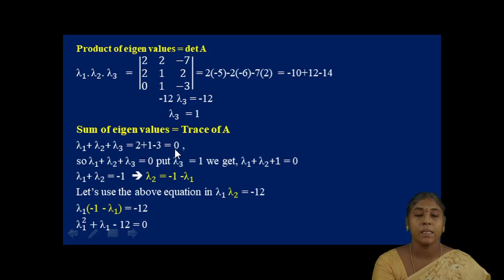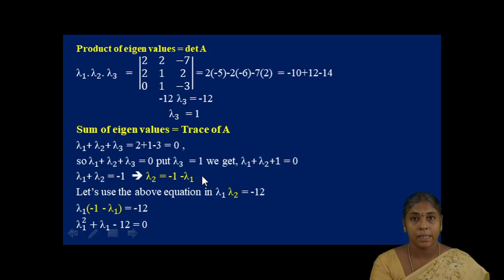So, we get it as 0. So, trace of A is 0. So, we get the equation as lambda 1 plus lambda 2 plus lambda 3 is equal to 0. So, we put lambda 3 equal to 1, which we got earlier, in this equation.